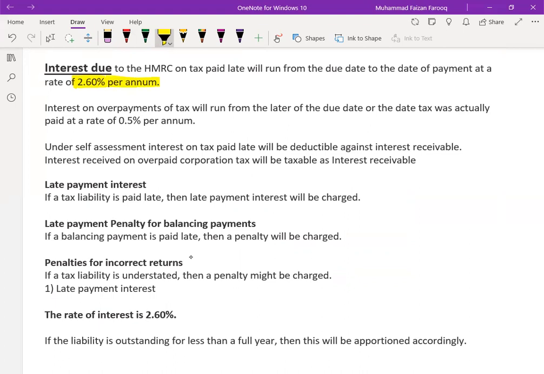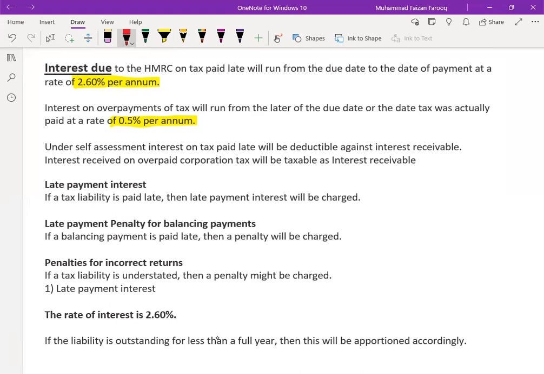If you overpaid, meaning your tax liability is 10,000 and you paid 12,000, they will do this favor for you by paying 0.5% per annum. Okay, fine, it's government. Anything that is coming, you can say thank you. If you are guilty, they will take 2.6%. And if you paid extra, they will pay you 0.5%. You should be very happy that the government is giving you 0.5% per annum interest on your overpaid tax amount.